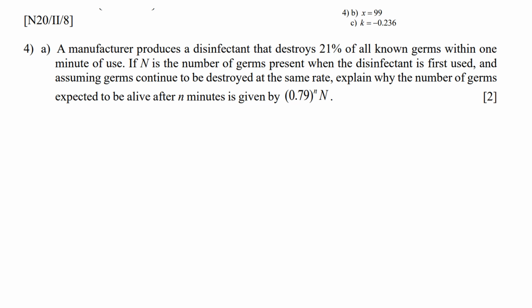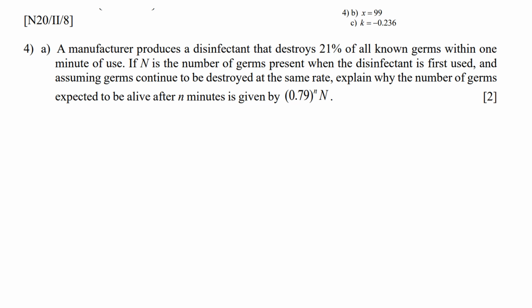Because this is a disinfectant company, and to make products valuable, obviously your germs will have to get less and less, right? Can you imagine if you buy something to kill the germs, and instead of killing them, you actually multiply them, right?